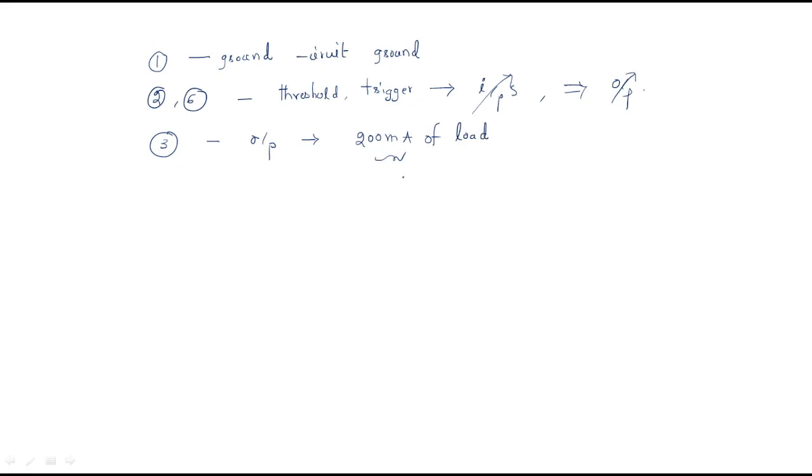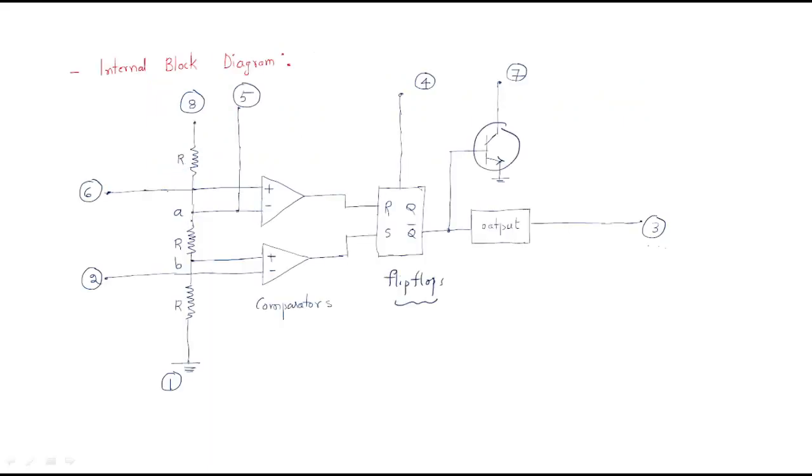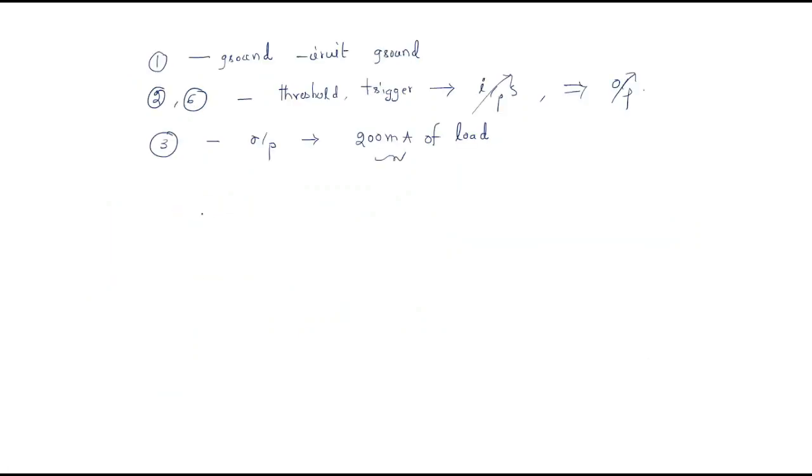Here we have two more points, A and B. If you observe, these are all equal drops. A is a reference node, generally at 2/3 of VCC.